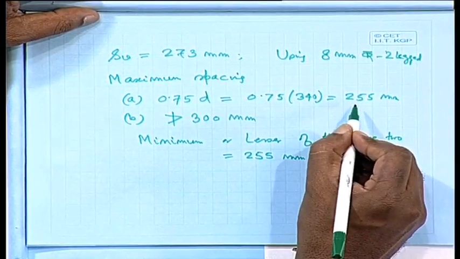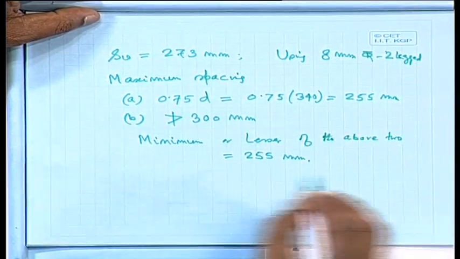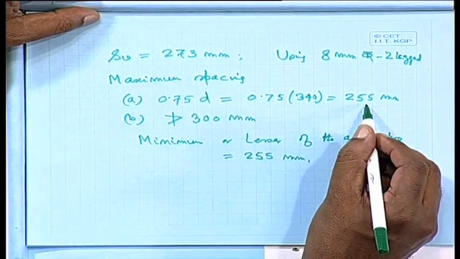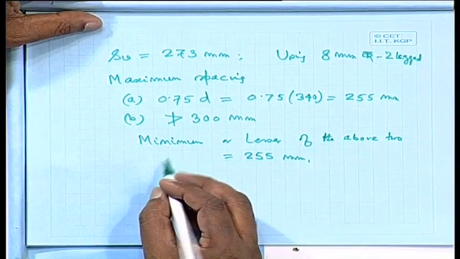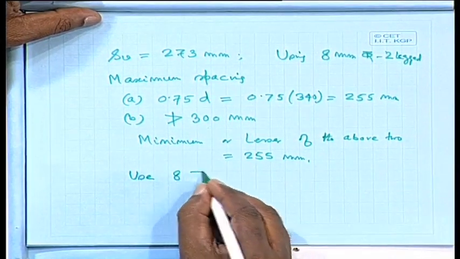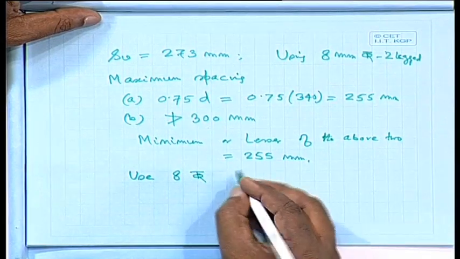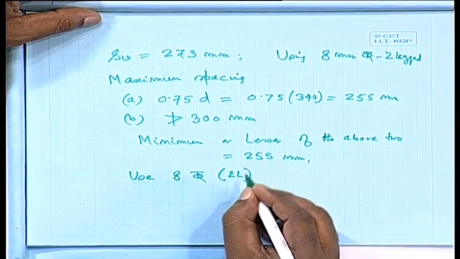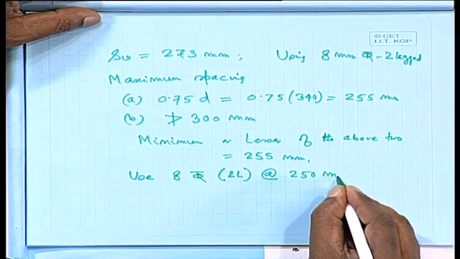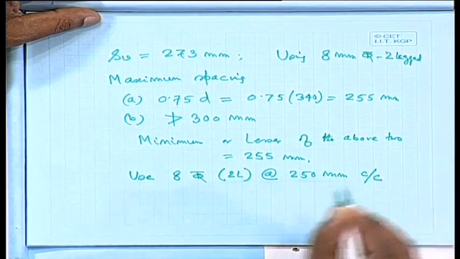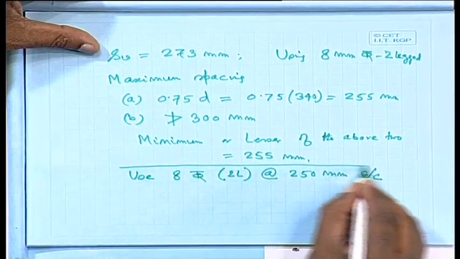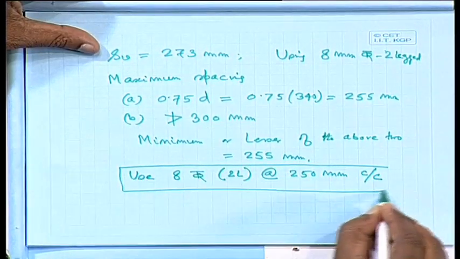So, it is governed by this one. Though the spacings are 273 here, 255 here, and 300 here, we can specify 8 Tor two legged at the rate of 250 millimeter center to center. Okay, so this is what we are providing.